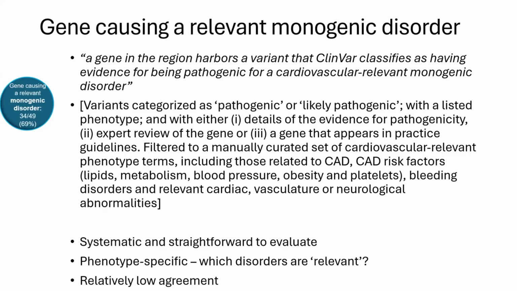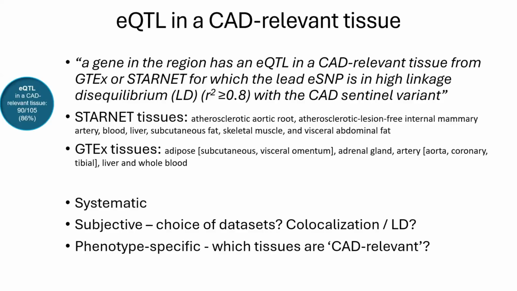But the challenge, if you want to develop a predictor that works across universal phenotypes, is how you're going to tweak that to predict well across lots of different diseases and traits, because it was pretty difficult to do with one. And here we only got 69% concordance. I suspect that's because we were a bit liberal with some of the diseases we included.